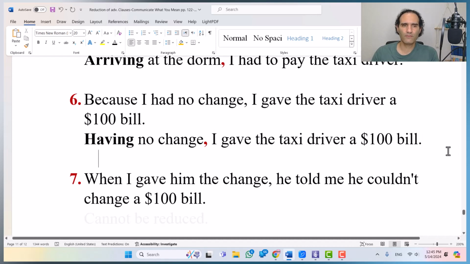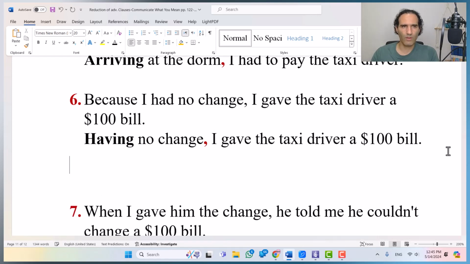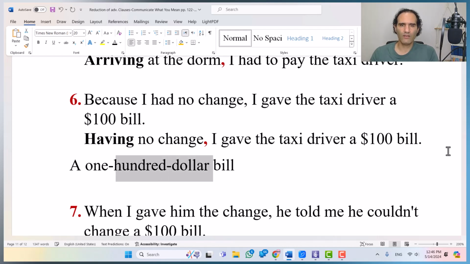Because it is, let me write it for you. A one-hundred-dollar bill. A $100 bill. And $100 is a hyphenated adjective for bill. So you do not pluralize adjectives.